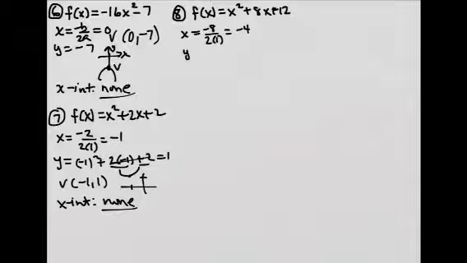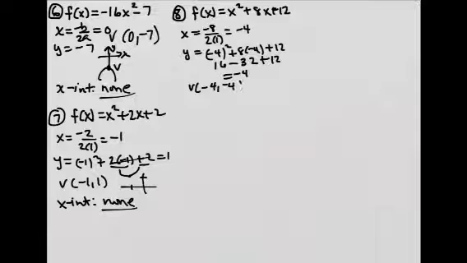And for the y coordinate of the vertex, you replace the x with -4. So that gives me 16 minus 32 plus 12. So -16 plus 12 gives you -4. So the vertex is -4, -4, okay?